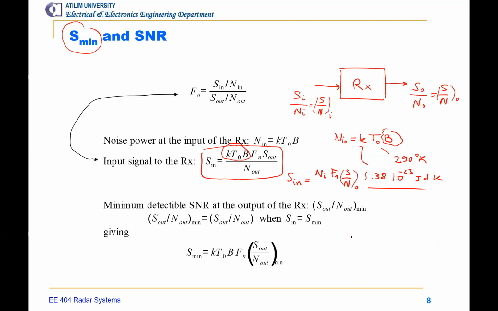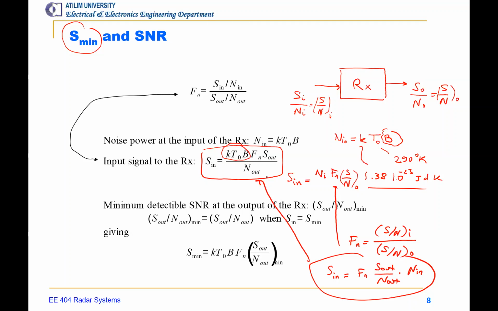We remember noise figure: S over N input divided by S over N output. I just use this here and take this S in. So S in is going to be Fn times S out over N out, times N input. Okay, so this formula.